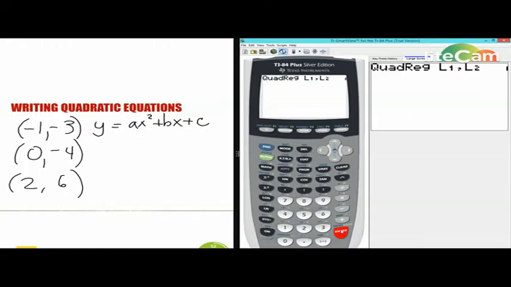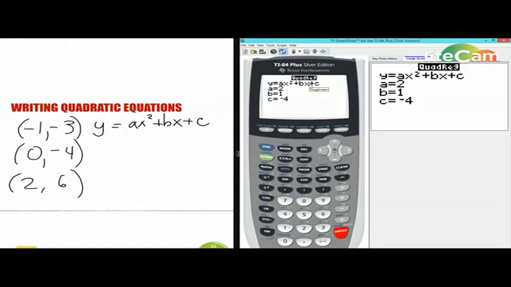Once I press calculate, I should see the standard form of the equation, y equals ax squared plus bx plus c, and it's telling me what the a value, the b value, and the c value is going to be. So I'll write down a equals 2, b equals 1, and c equals -4.